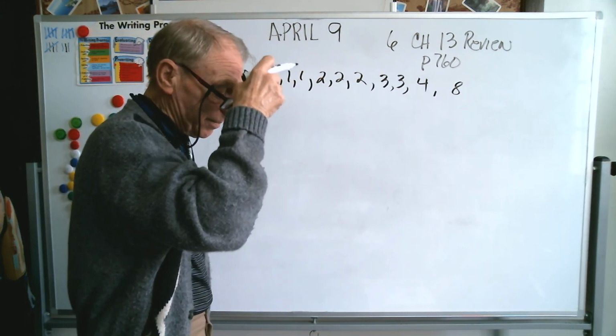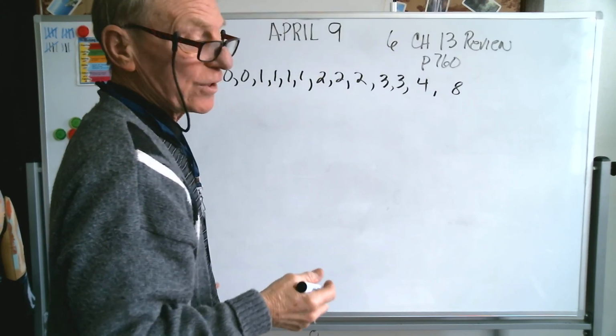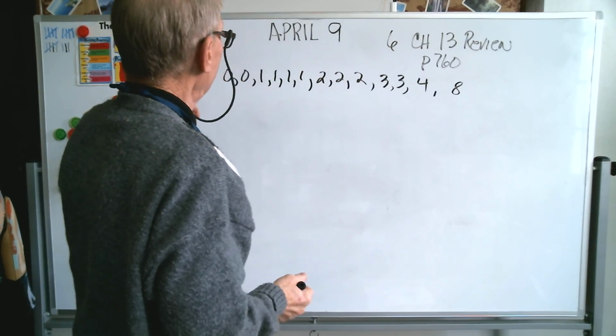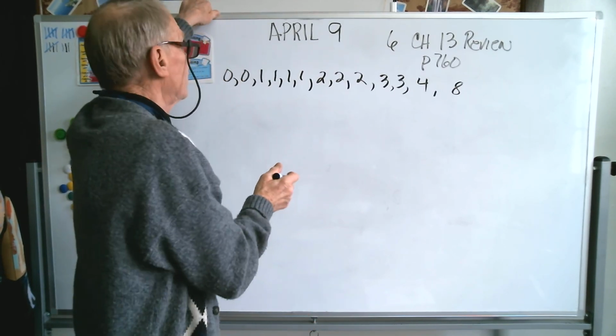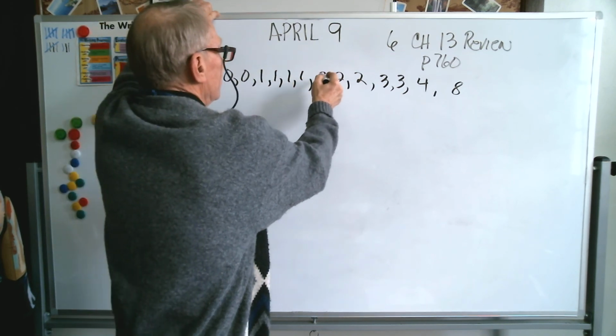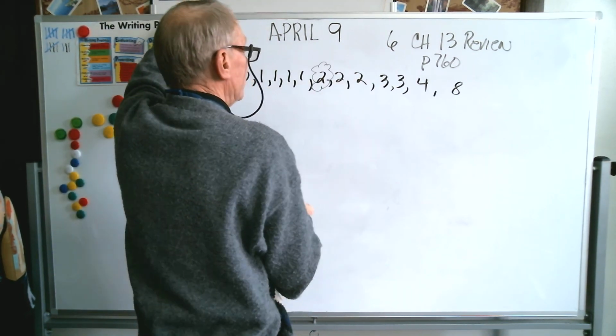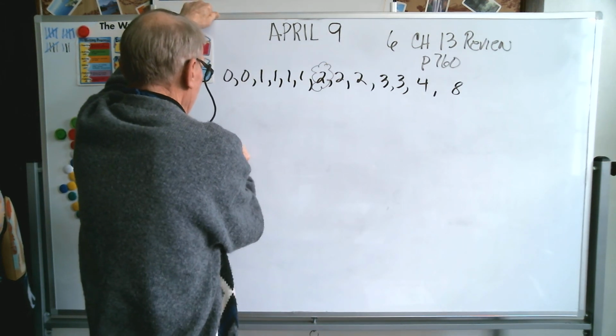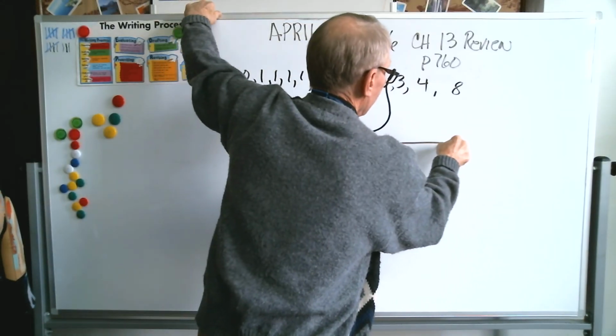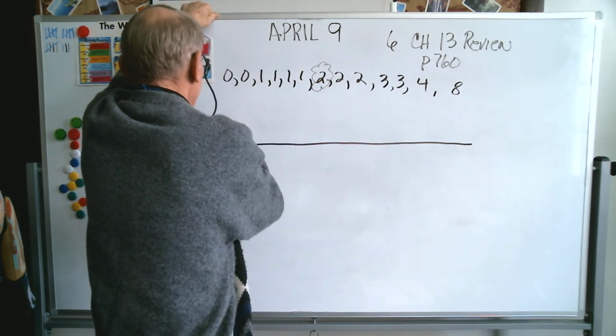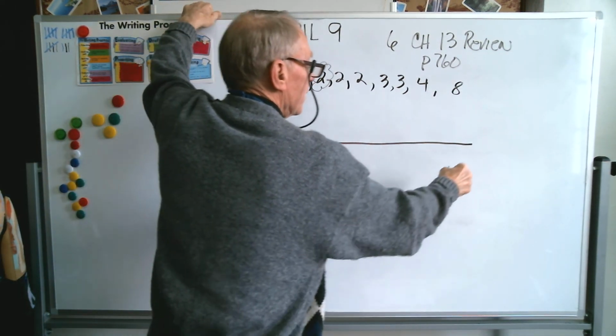So now we're going to build a box plot. So the first thing we got to do is find the median. And because it's 13 numbers, if we go to the middle, our median is going to be 2. So let's draw our line. And we're going to go from 0 to 8.